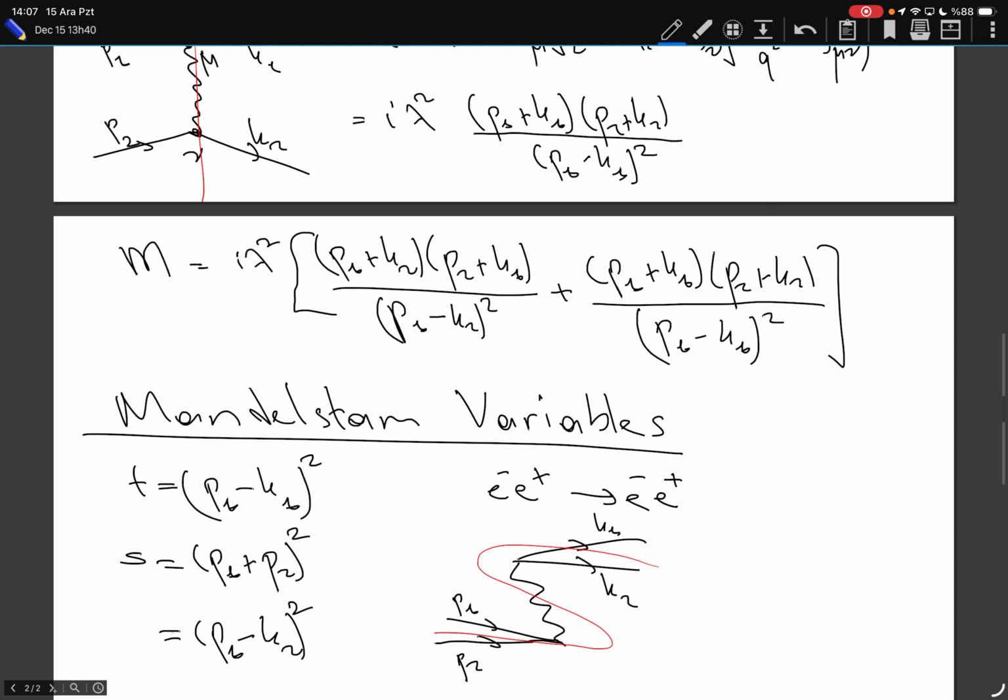Now we don't have any more imagination. S, T, the next letter is U. So this is called U. And again, keep in mind that we have four momentum conservation. So T can also be written as P2 minus K2 squared. S can be written as K1 plus K2 squared. And U can be written as P2 minus K1 squared. At least this is how I remember which one is S, which one is T, which one is U.